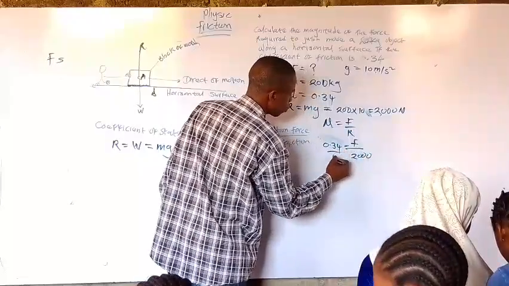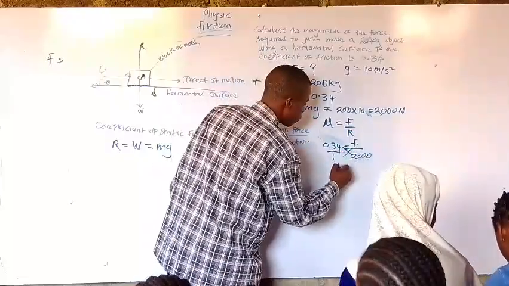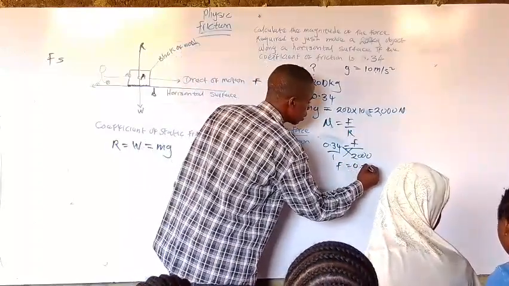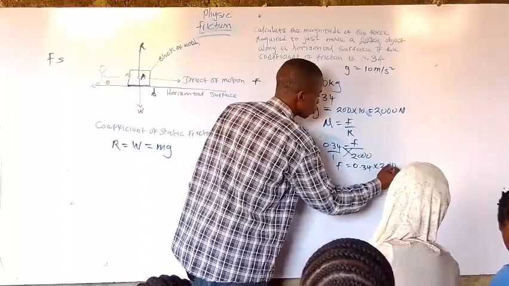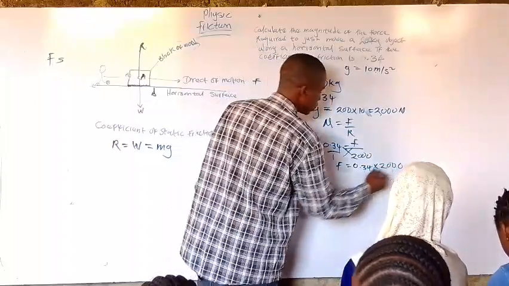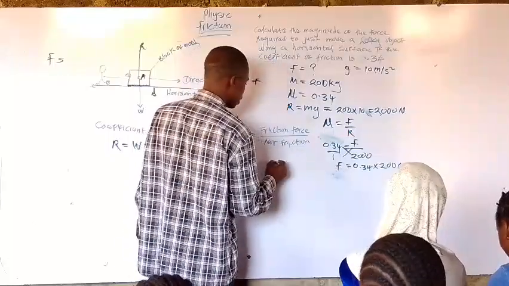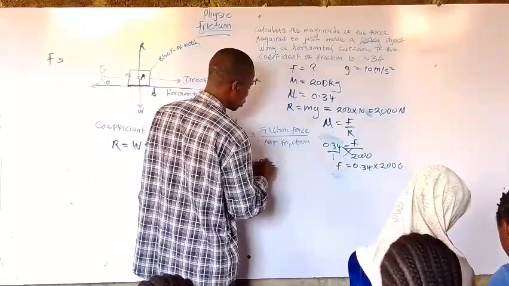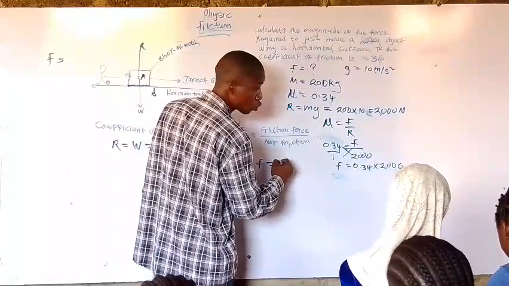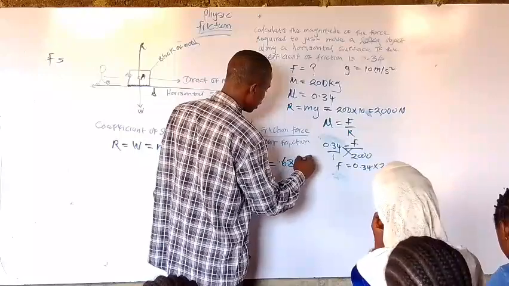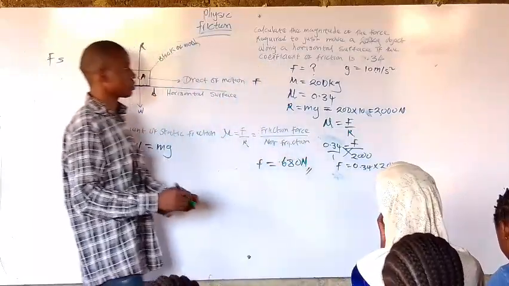You now cross multiply, all over 1. Our F, can you tell us the answer now? It will be 0.34 times 2,000. And what is the final answer? The final answer is 680 Newton. Correct.